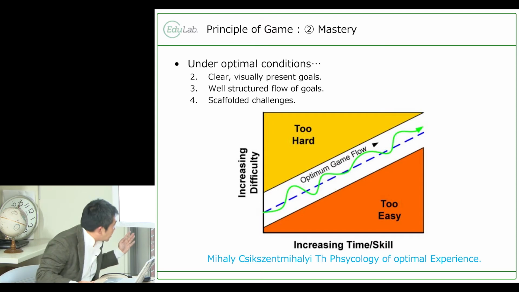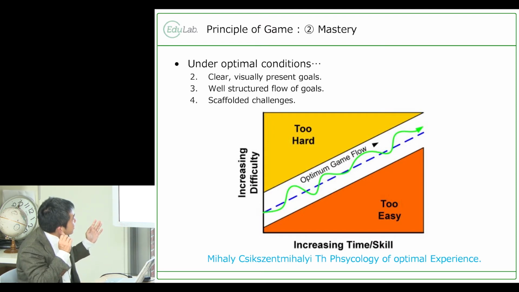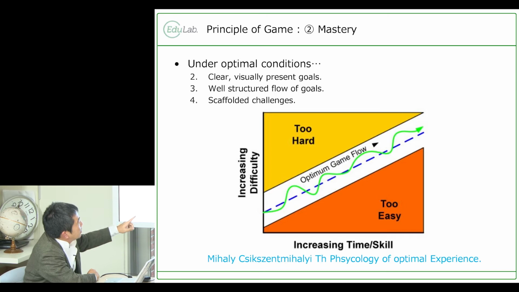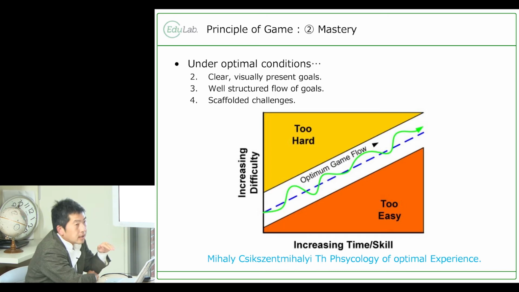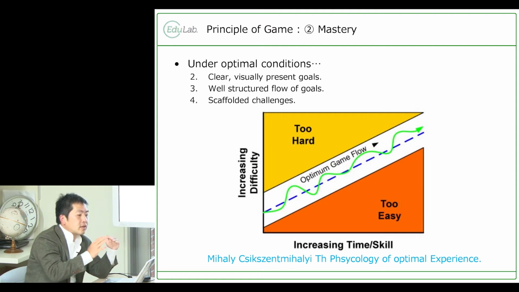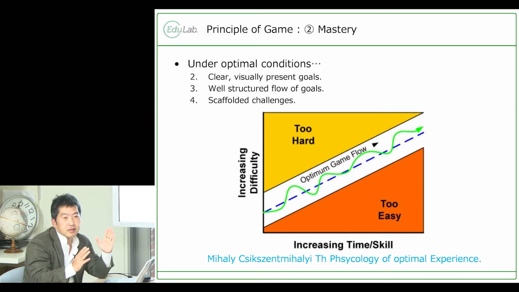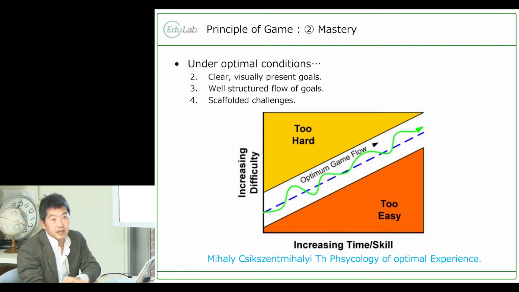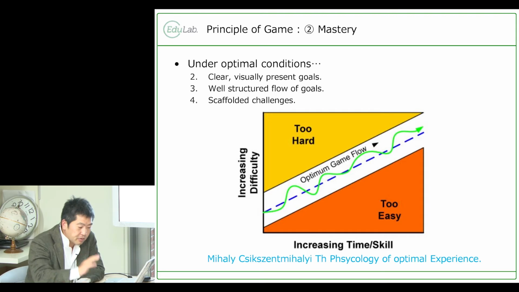This is a graph that illustrates that under optimal game flow, it's not too easy, but also it's not too hard. So when you start playing the game, the difficulty goes up, but the time needed to clear that difficulty is also balanced out. So you don't get bored or you just throw it away, saying, no, I'm never going to clear this game. So it has to be very optimal.